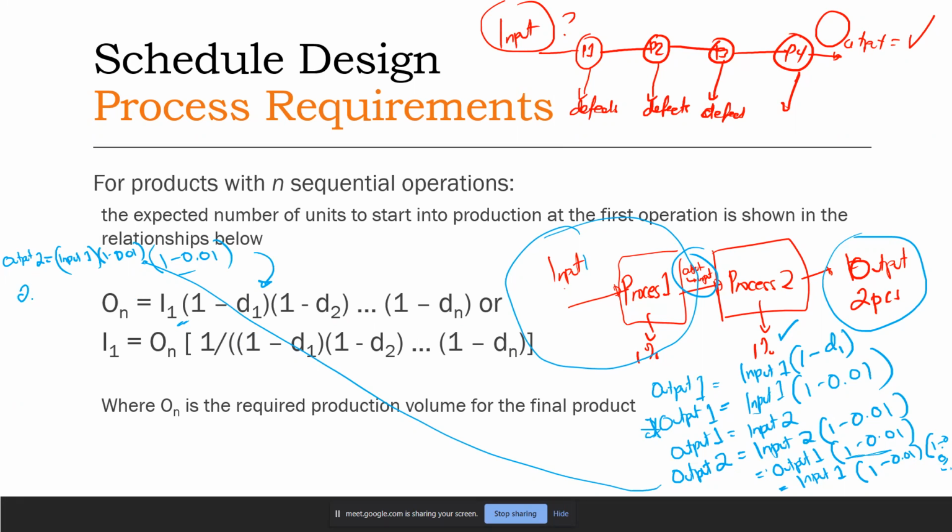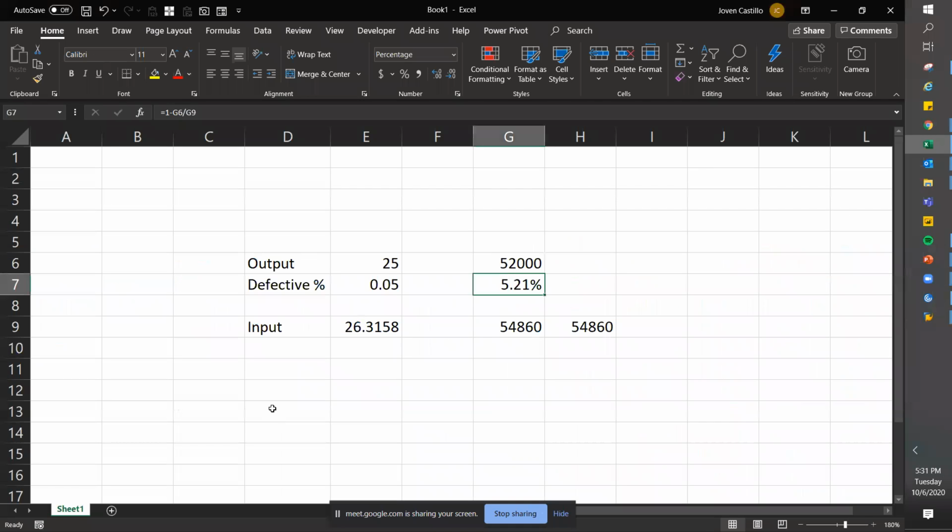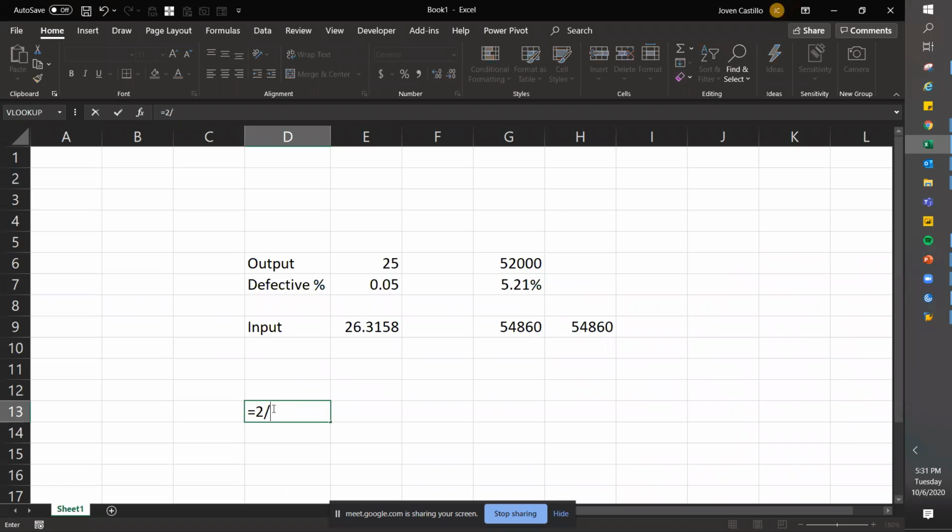So kung kukumpitin natin, 2 is equal to input sub 1 multiply by, or simplify na natin, 0.99 times 0.99, that we can then figure out ano ang input 1. Okay? So, in that case, siya ay equal to 2 divided by 0.99 times 0.99.